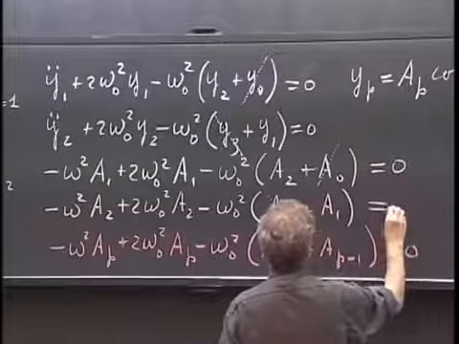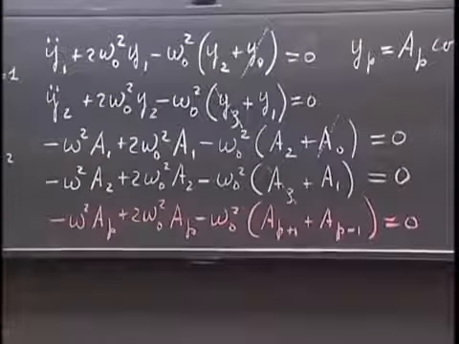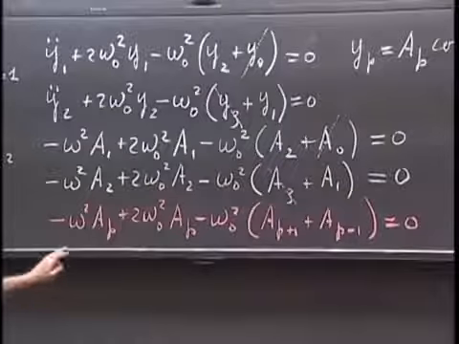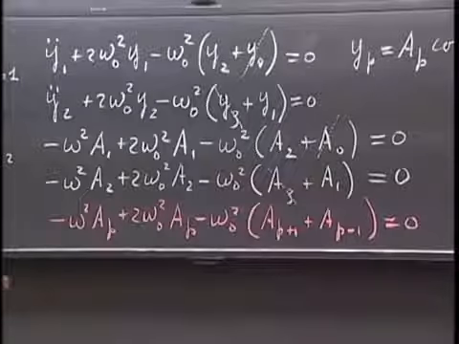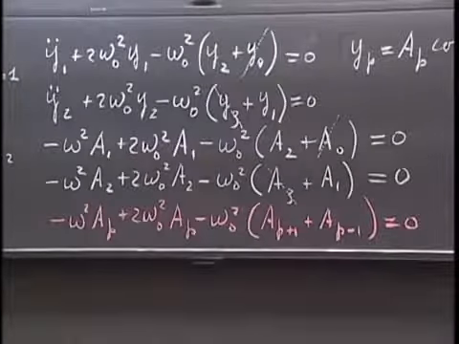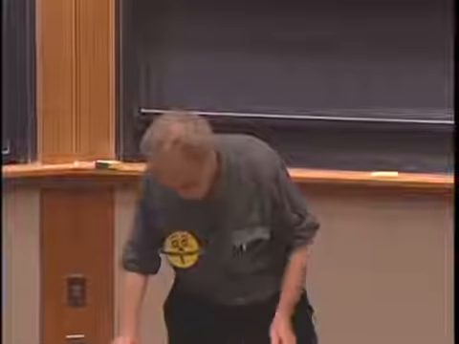And that equals 0. Also this equals 0, and also this equals 0. And so now you see the differential equation for particle number p. And so you can go on now to particle capital N, and now you have to solve N differential equations. That's a zoo. That's a terrible thing.